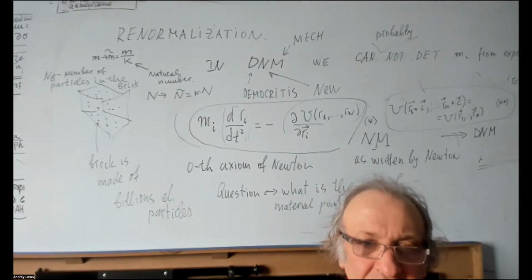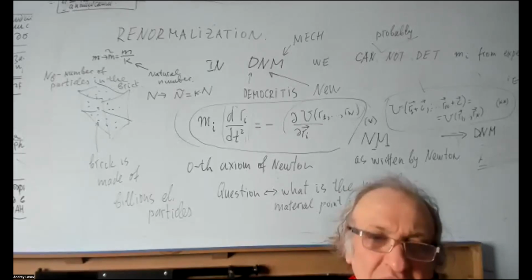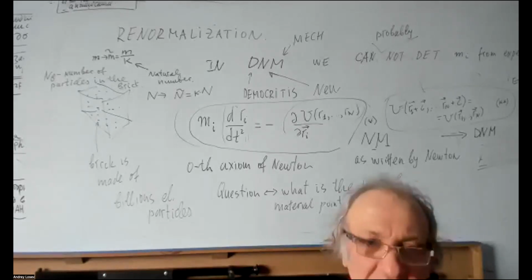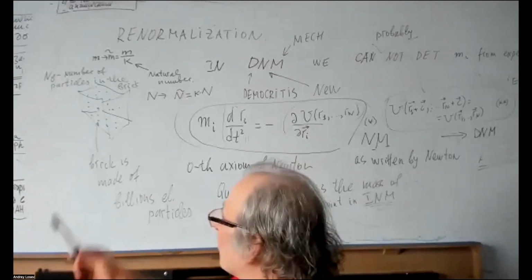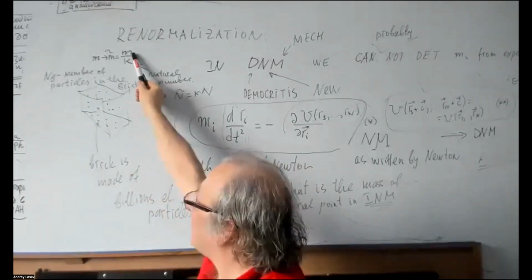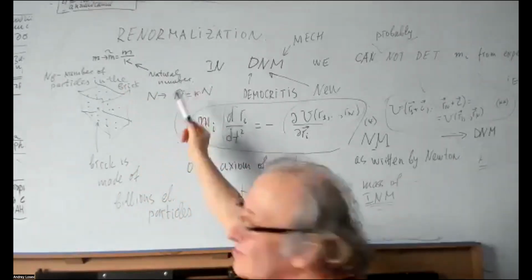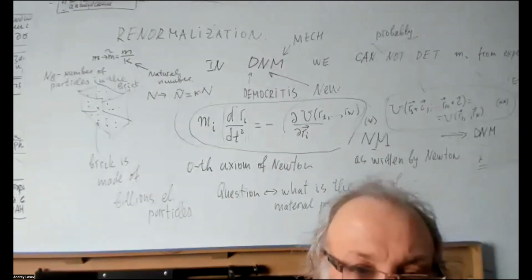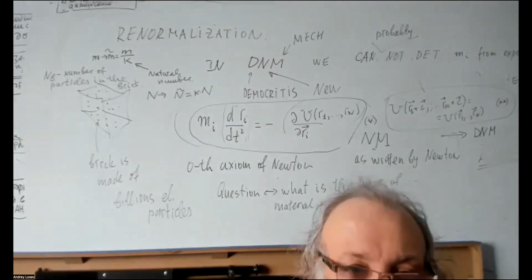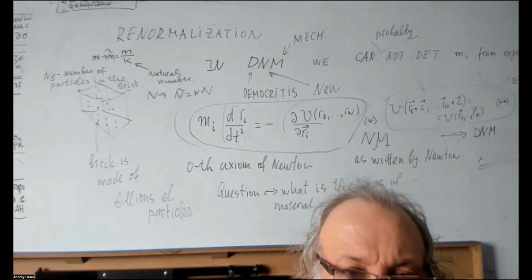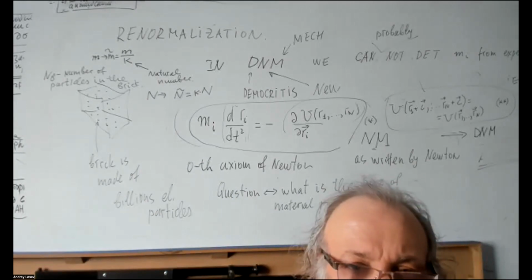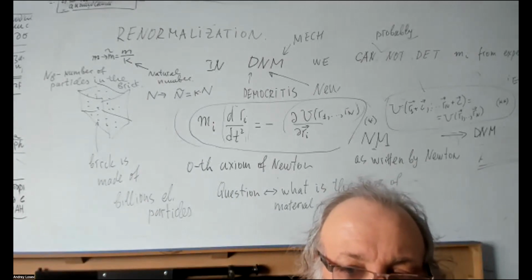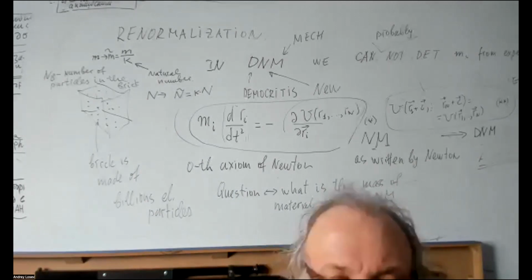This phenomenon is called renormalization, namely two theories with fundamental masses m and m tilde could lead to the same experiments if I'm thinking only about bricks and its pieces. So it is a very deep statement.